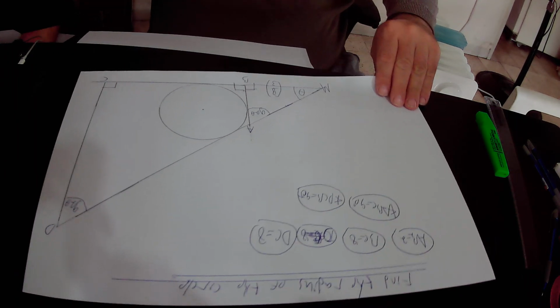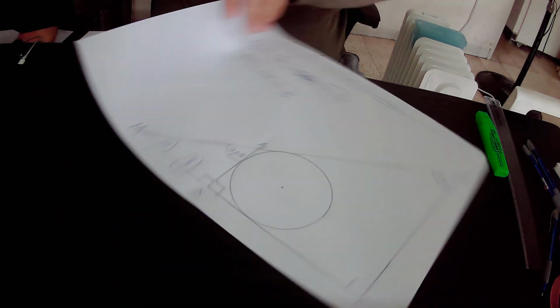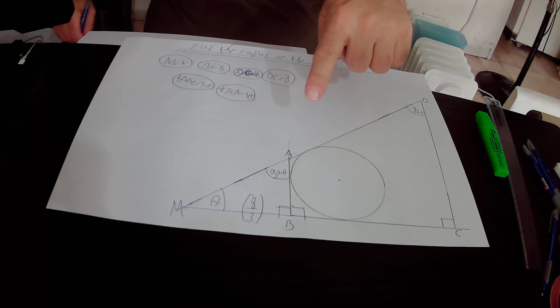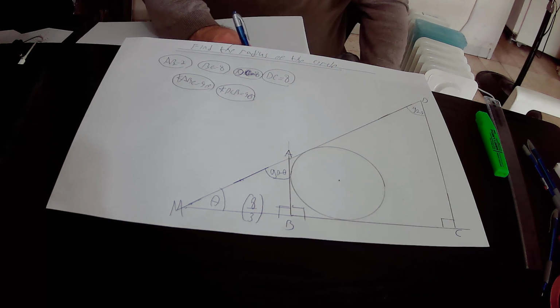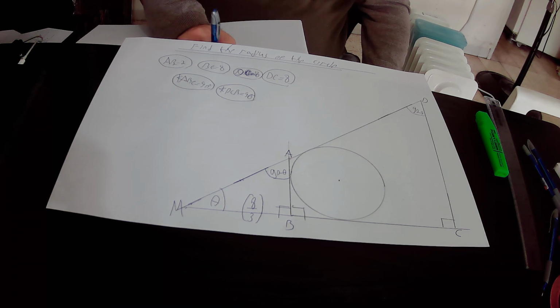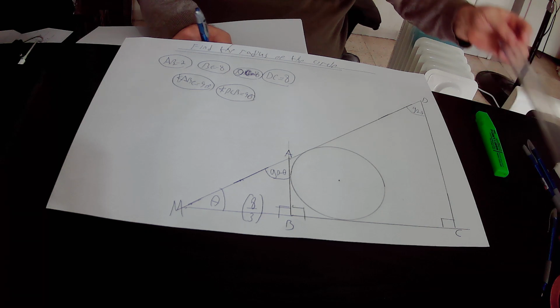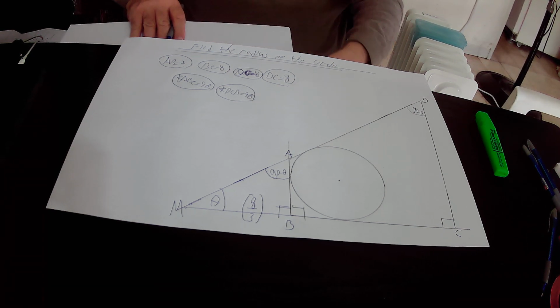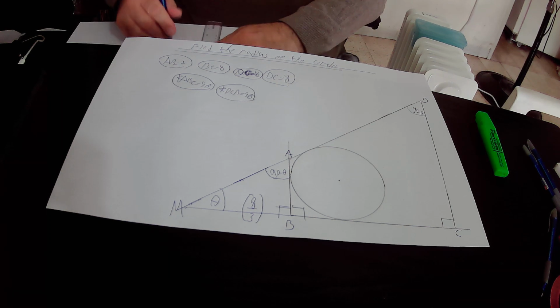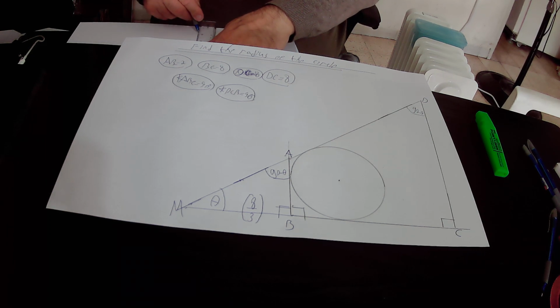In the next step, we'll apply the Pythagoras theorem to the small right triangle MBA. PT is short for Pythagoras theorem. According to the Pythagoras theorem, in any right triangle, the square of the hypotenuse equals the sum of the squares of the perpendicular sides.